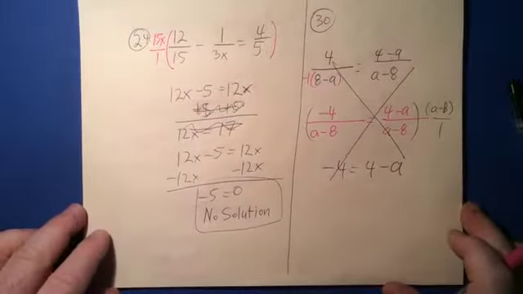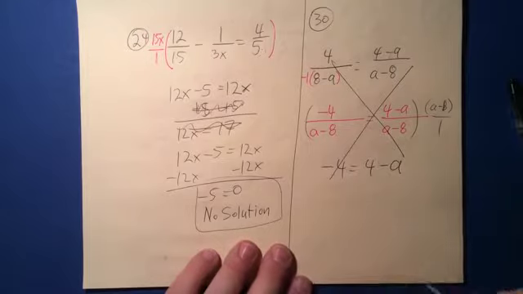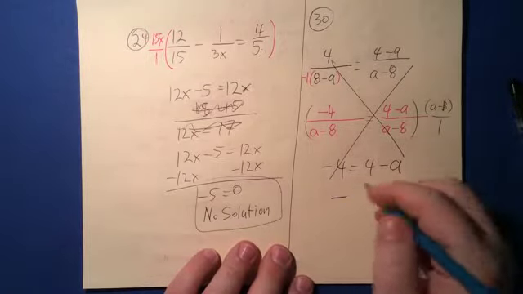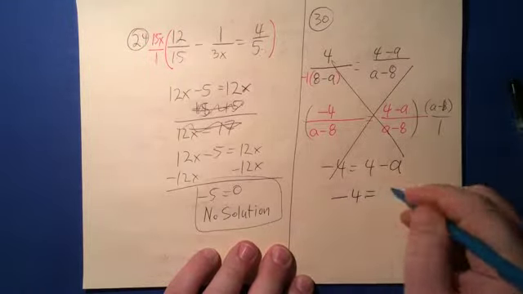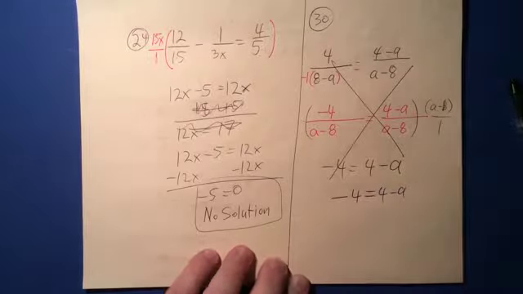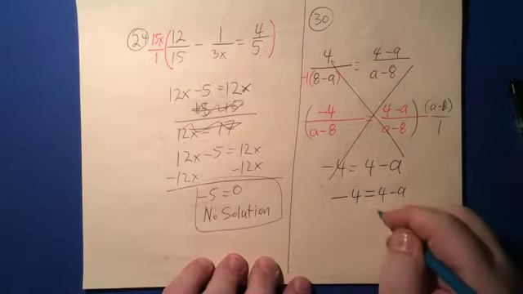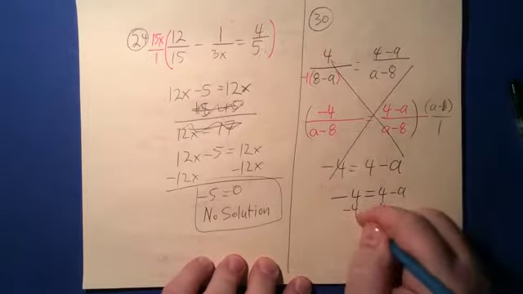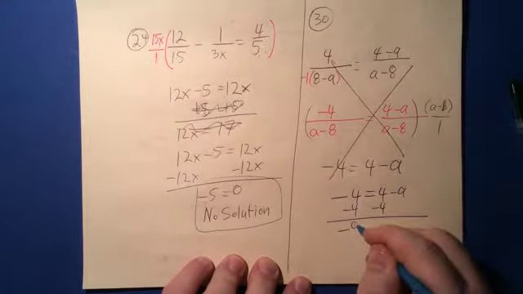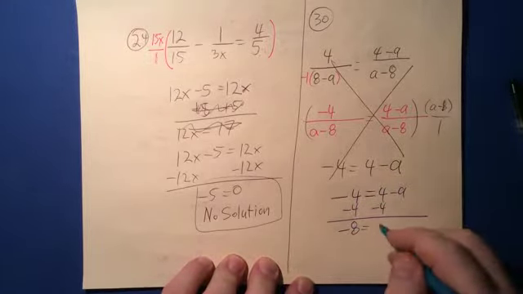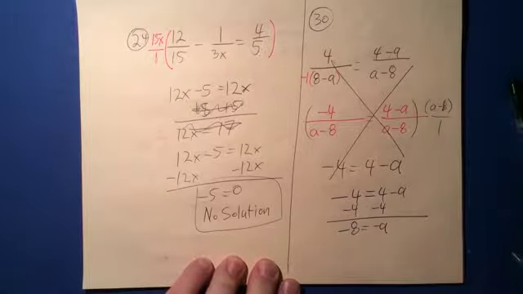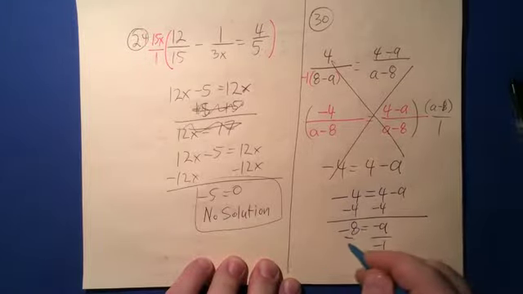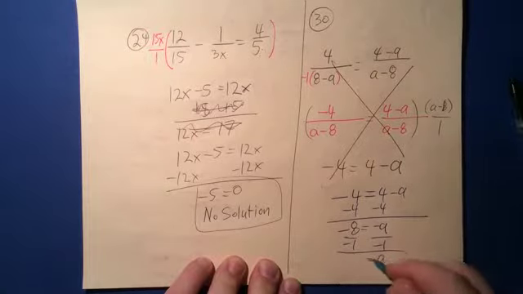So I think if we go back to 30, I think we can run into the dilemma of what's going to happen with this one. So let's go back to 30, and we'll rewrite this as negative 4 equals 4 minus a. When we solve this, we're going to go ahead and subtract 4 from both sides. We're going to have negative 8 is equal to negative a. When we divide by negative 1, we're going to have a is equal to 8.